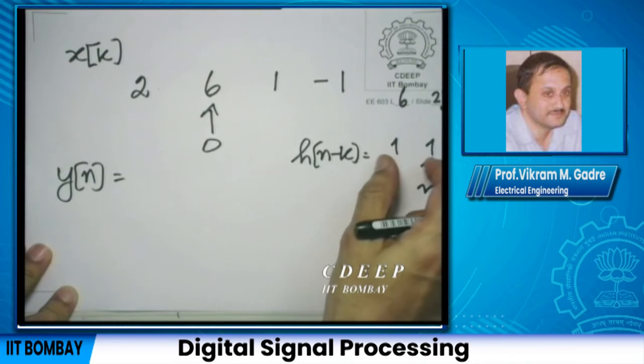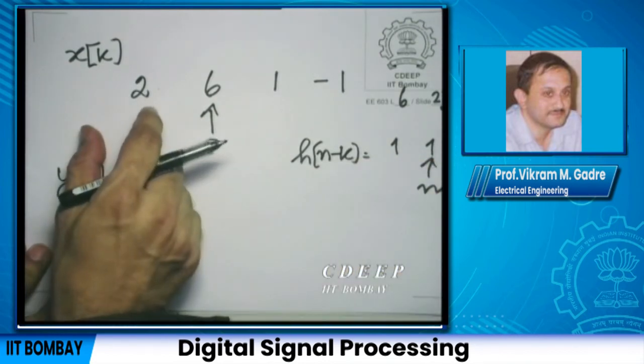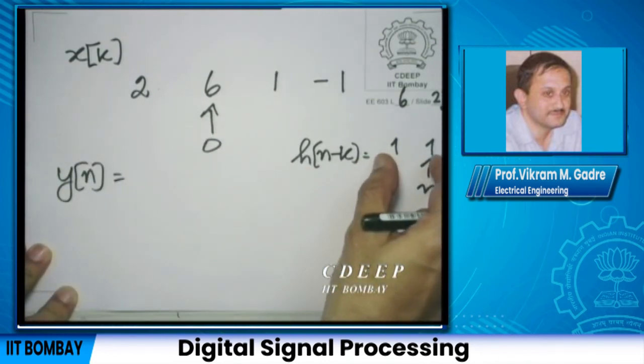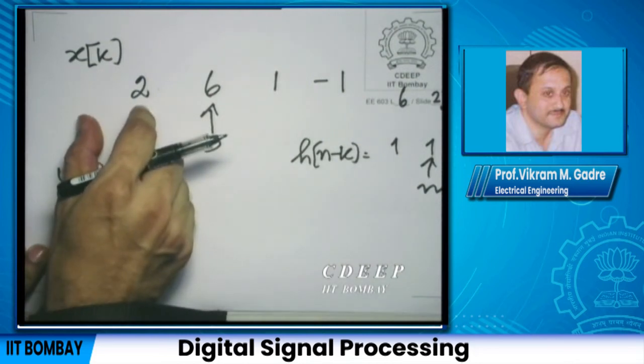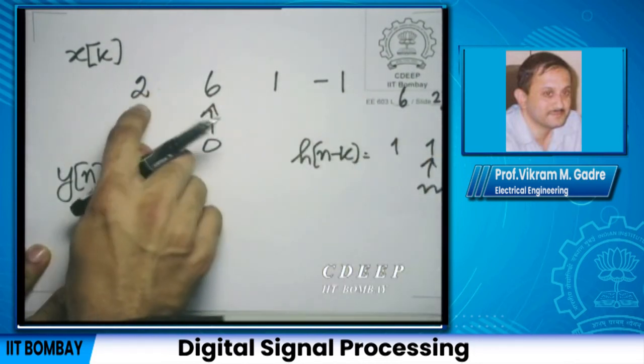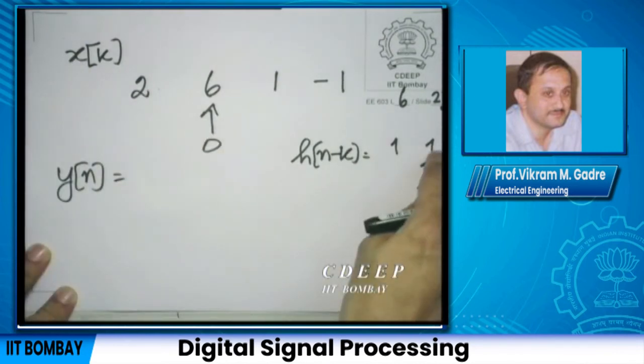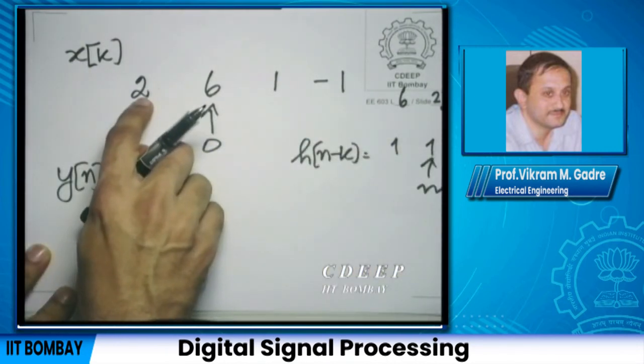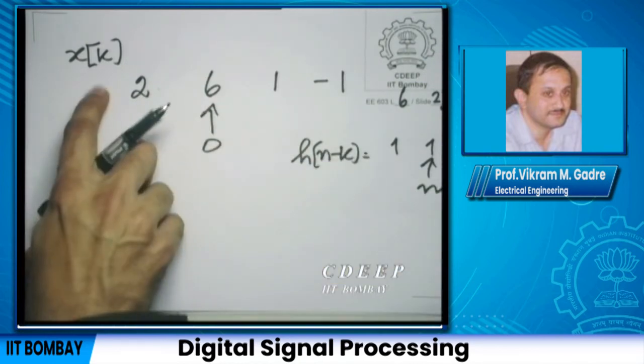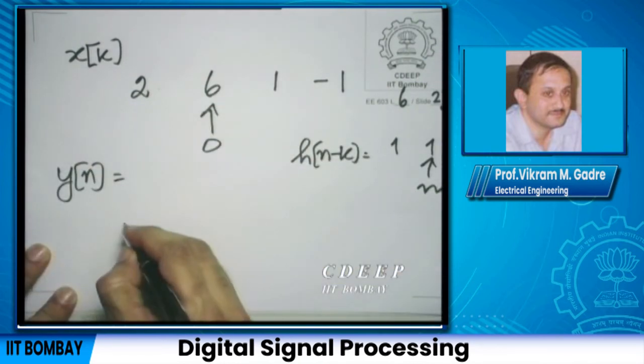You see, I can visualize that when n is minus 1, this sequence is brought here, and the 1 comes in contact with 2. So, you multiply them pointwise. The 1 gets multiplied by 2, plus this 1 gets multiplied by a 0. So, the output is 2 here.